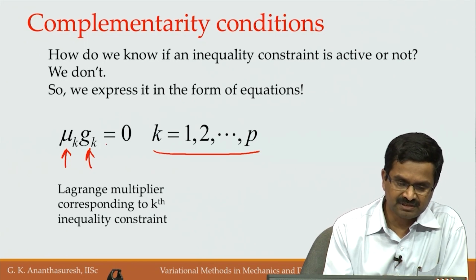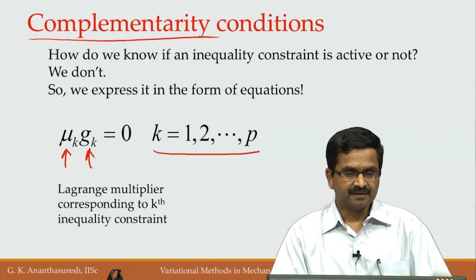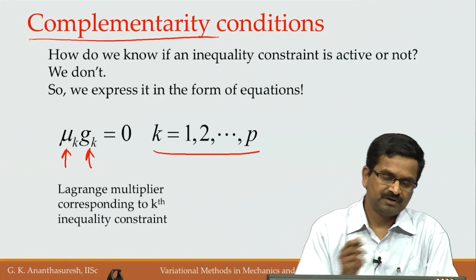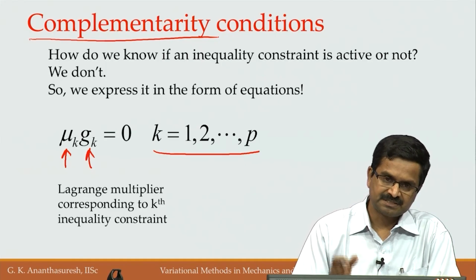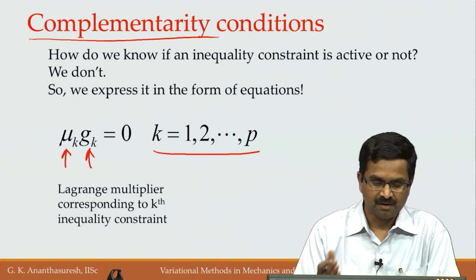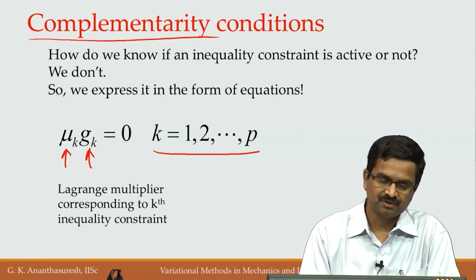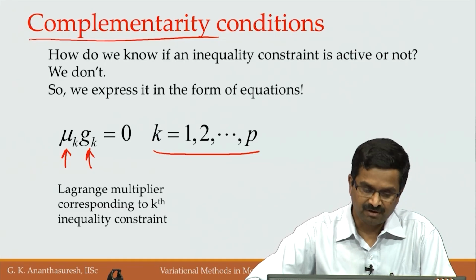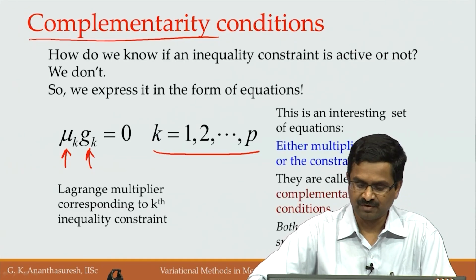The nice thing about this way of writing, what is called complementarity, is that either mu k or g k is equal to 0. When you say mu k times g k equal to 0, it can be satisfied by making mu k 0 or g k 0. Both can be 0, that is a special case, but at least one of them has to be equal to 0. There are two cases. These are called complementarity conditions and this will become useful for us.